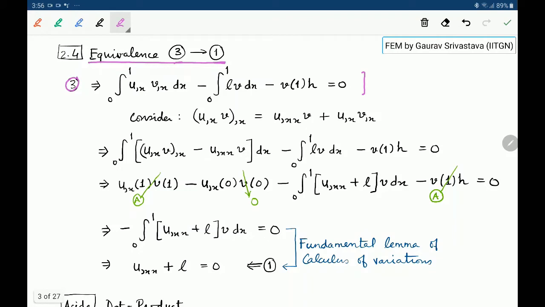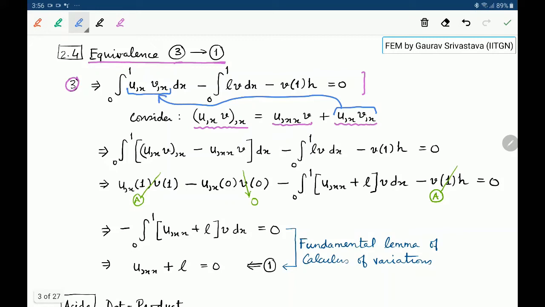Now you may proceed either by integrating by parts or alternatively considering that this u comma x times v, and whole comma x, can be written using the chain rule as u comma x times v plus u comma x v comma x, and this second term is what appears in this integral here.